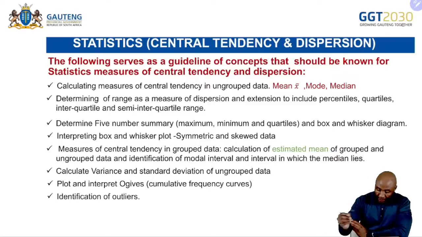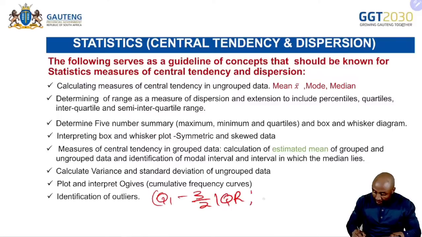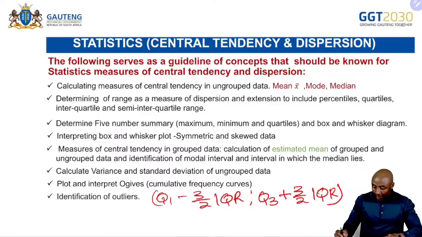We should be able to identify outliers, and we know the formula for identifying outliers. It is given by Q1 minus 3 over 2 interquartile range, and we know that the upper limit is given by Q3 plus 3 over 2 interquartile range. That's how we get our interval. Anything that is below the minimum of this interval or above the maximum for this interval is an outlier.